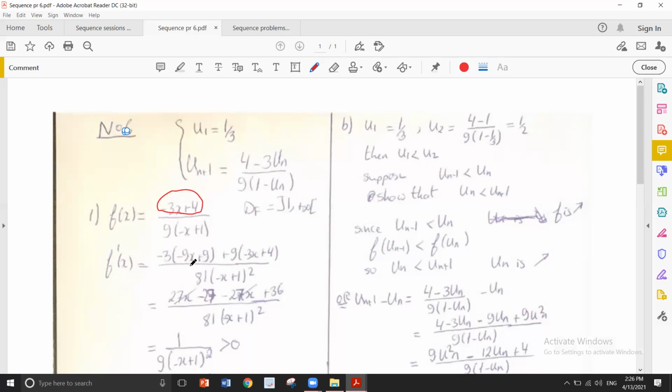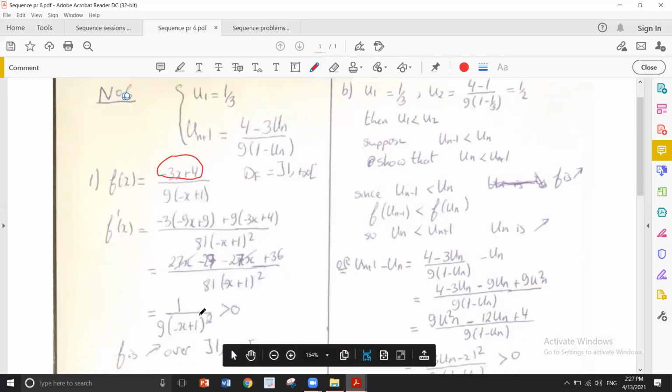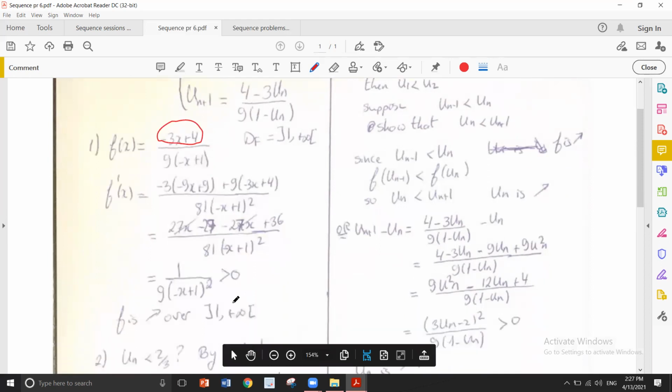We get 27x minus 27 minus 27x plus 36. We get 1 over 9 into minus x plus 1 squared, which is positive. So f is increasing over 1 plus infinity.